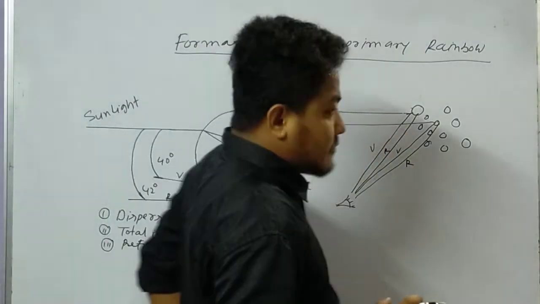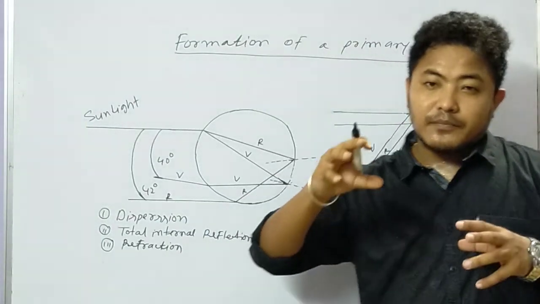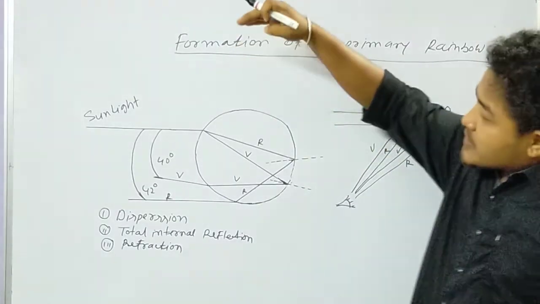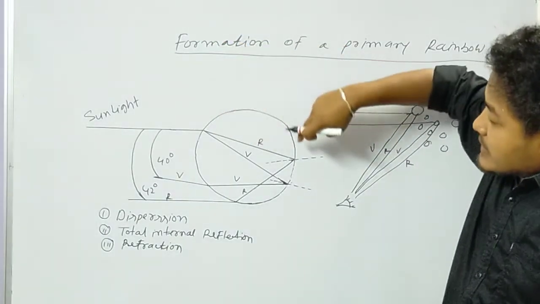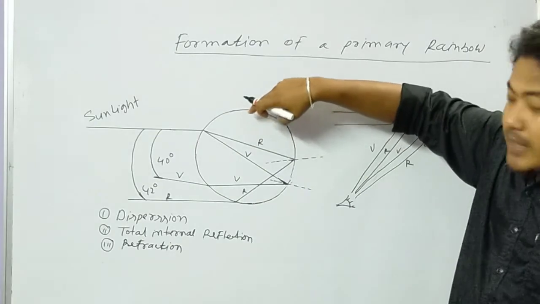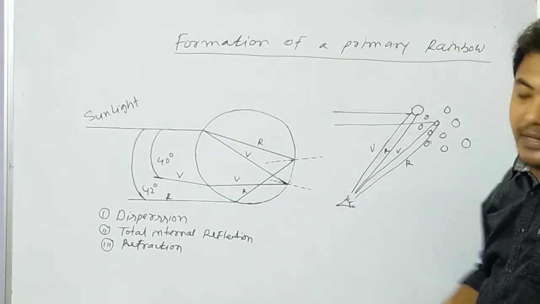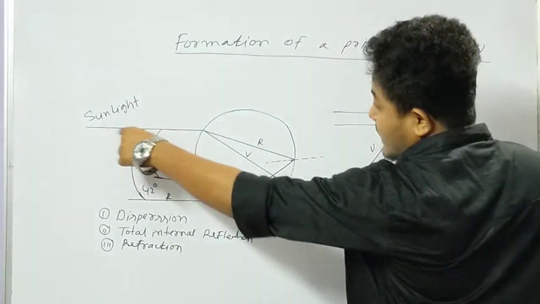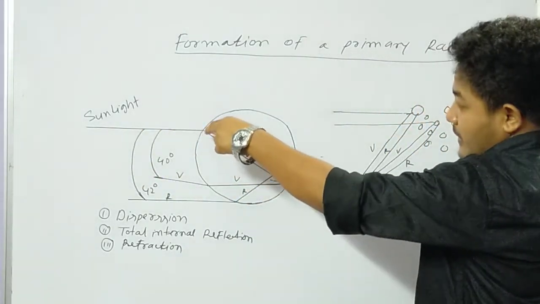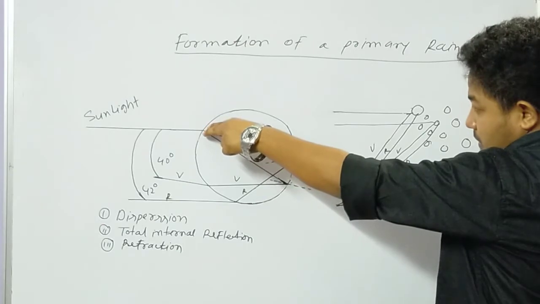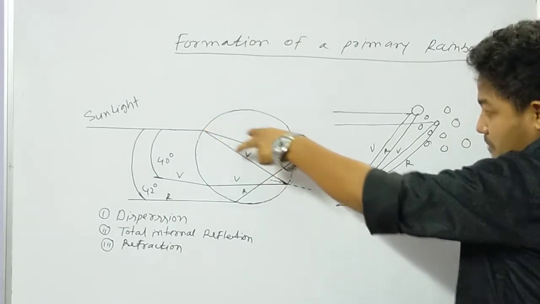After all, we can conclude by saying this, that once sunlight falls on a teeny raindrop, then the raindrop behaves like a prism. Once the sunlight is incident on it, first of all the ray of light disperses.